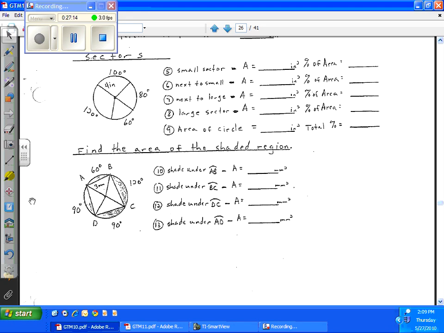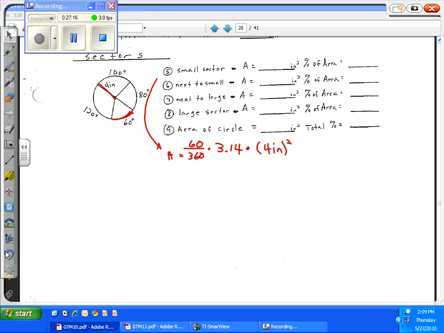We get 8.37 rounded, square inches. Okay.